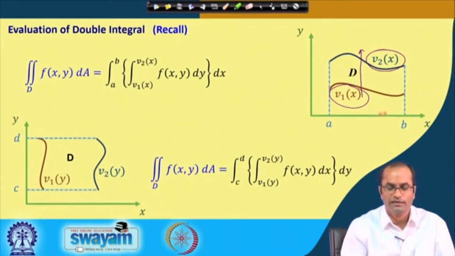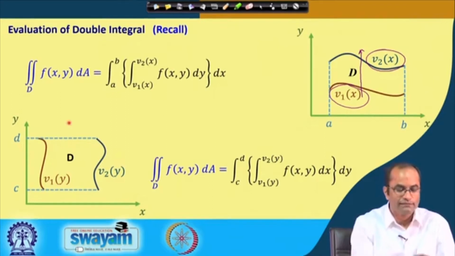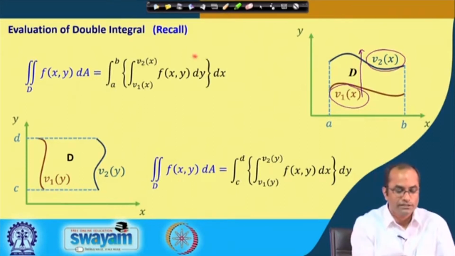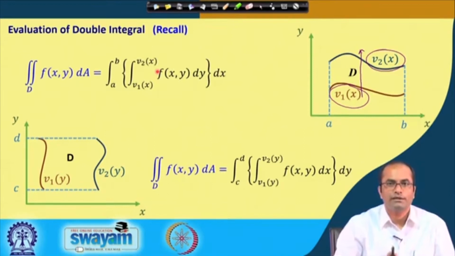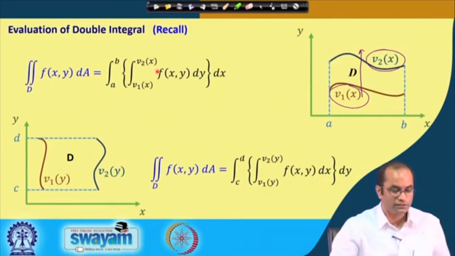In the first one we have realized that we should first integrate with respect to y and then with respect to x, while in the second case it is much more convenient to first integrate with respect to x and then with respect to y. This is one situation where we can see the convenience of the order, but there will be other reasons depending on the integrand, whether the integral with respect to y is easier or possible or convenient, or with respect to x first. That will be the discussion now.